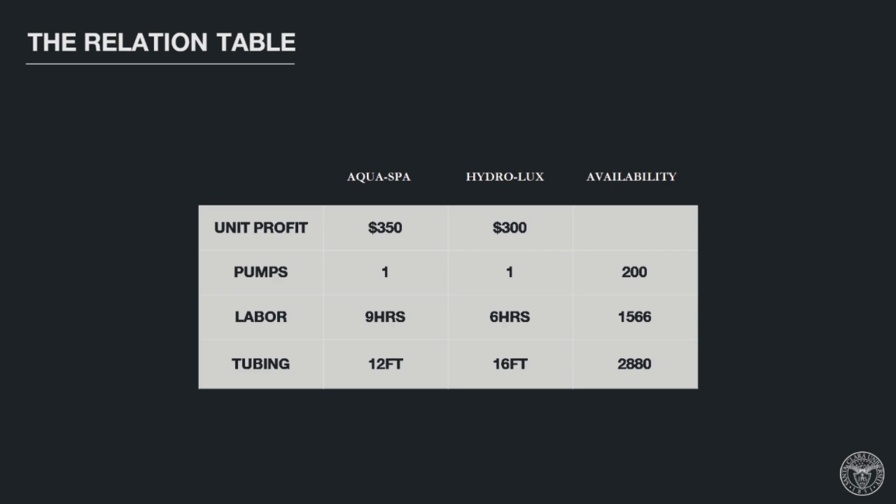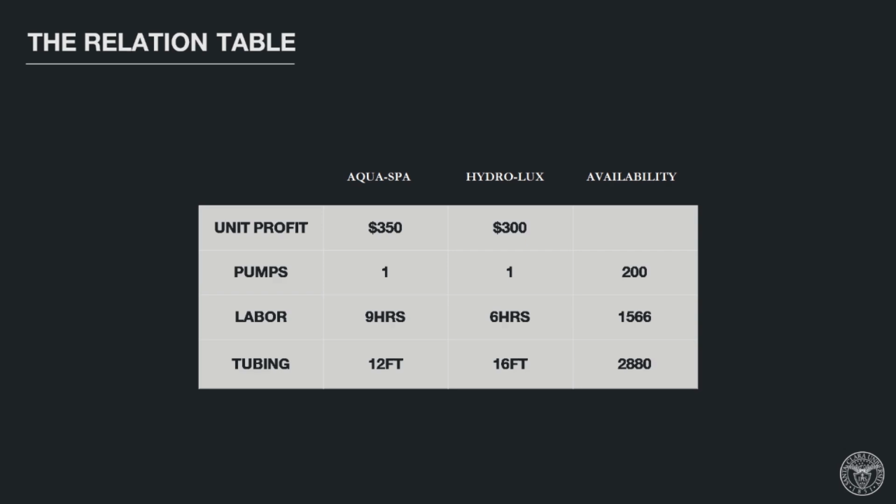So we can put subject to 1 times A plus 1 times H. That is the total pumps used for Aqua and Hydro. We know that we don't have more than 200 pumps, so in total, all the units of pumps used should be less than or equal to 200. The same logic applies to labor.